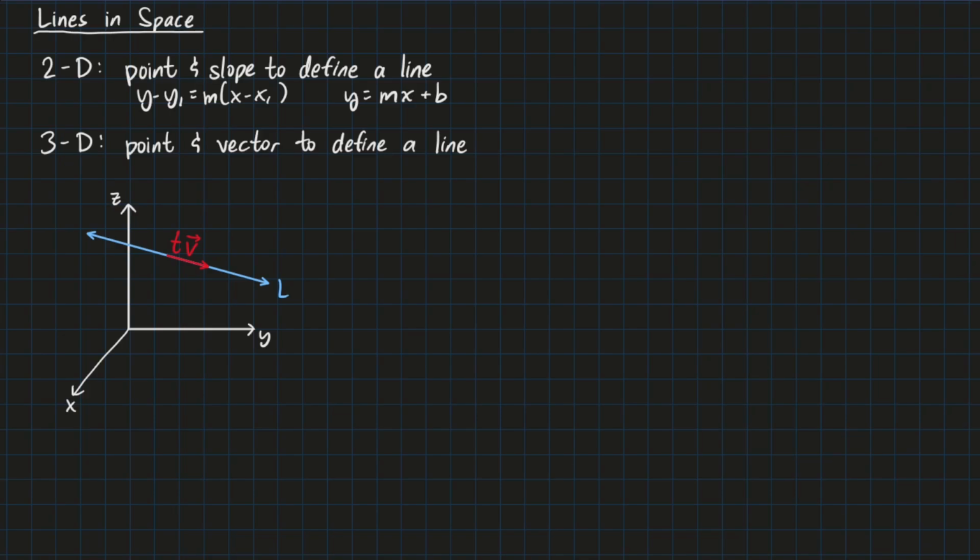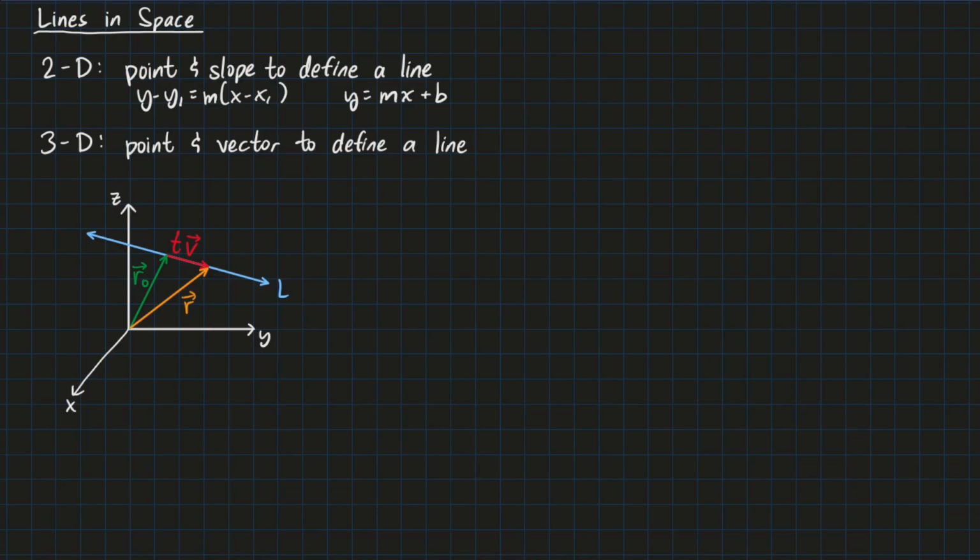When dealing with vectors, we usually start from the origin and we go out. To get from the origin to any point in the line, we have vector r0, and then we can call the resultant vector, which is the sum of r0 and tv, vector r.